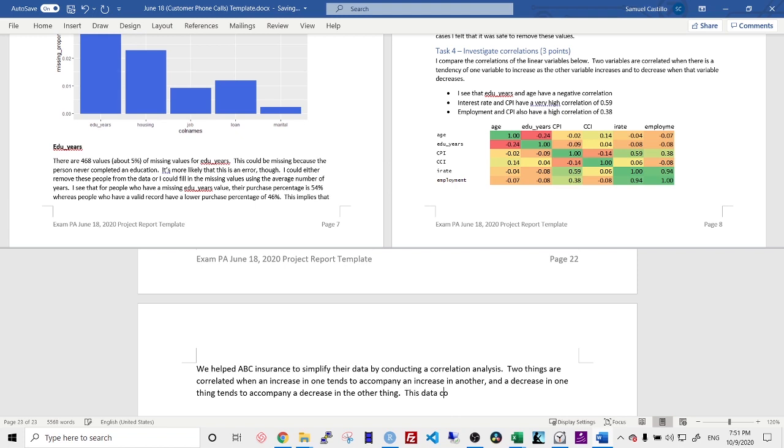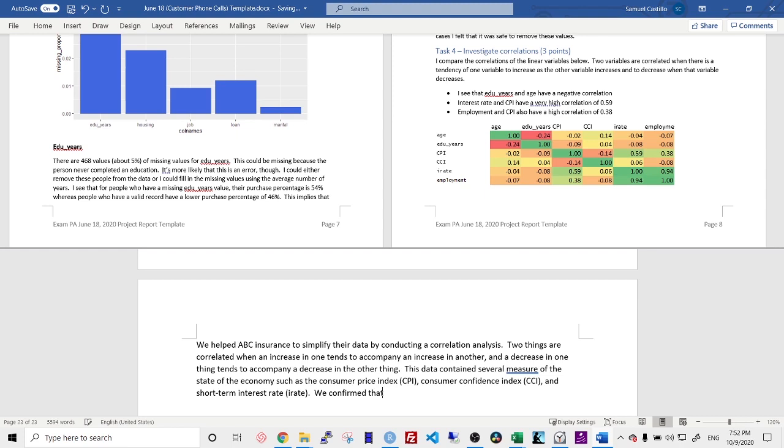This data contained several measures of the state of the economy, such as the Consumer Price Index, CPI, Consumer Confidence Index, short-term interest rate. We confirmed that there is a correlation between I rate and the number of employees of ABC Insurance, and then the other high correlation was I rate and CPI.